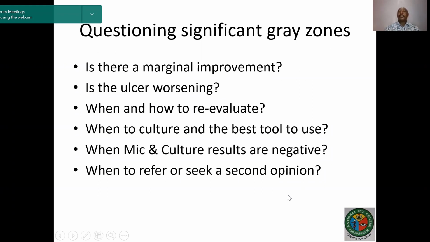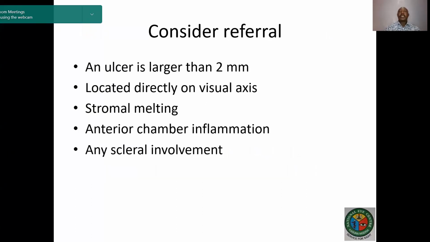Just like I've said before, we have several times seen ulcers referred late. And one would have thought that such ulcers should have been referred much earlier, or at least a second opinion sought, particularly when the treatment regime does not seem to be improving the ulcer condition. Generally, it has been considered that when an ulcer is larger than 2 millimeters in diameter, you should consider referral.